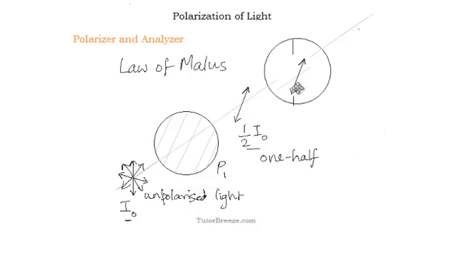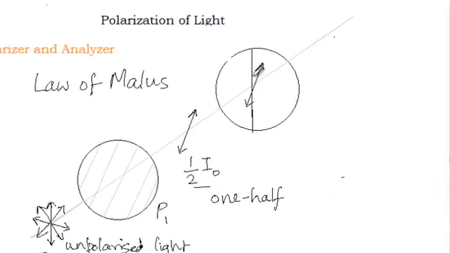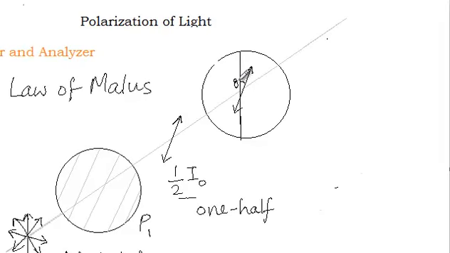So this is the direction of the incident electric field. Now, since the polarizing direction is vertical, you can see that there is an angle theta between the polarizing direction, this is the polarizing direction, and the incident electric field.